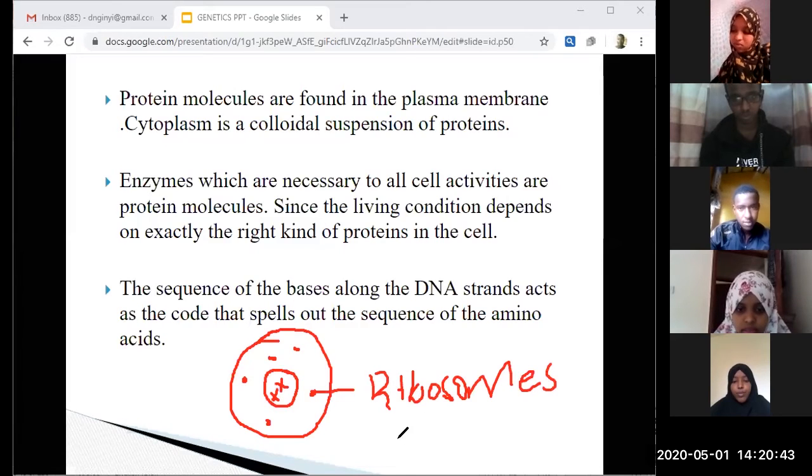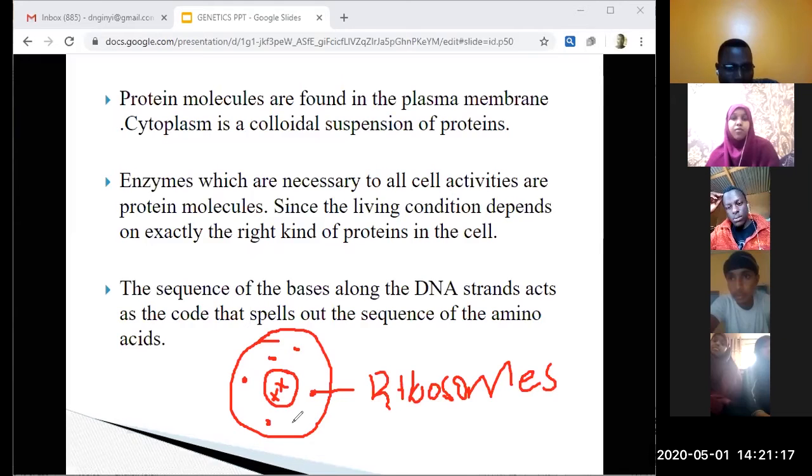Now, this DNA coded information is within the nucleus and within the chromosomes. How does it reach the ribosomes in the cytoplasm, so that the ribosomes can synthesize the required protein, which will give the characteristic to the cell or organ? Remember that DNA molecules do not move out of the nucleus.